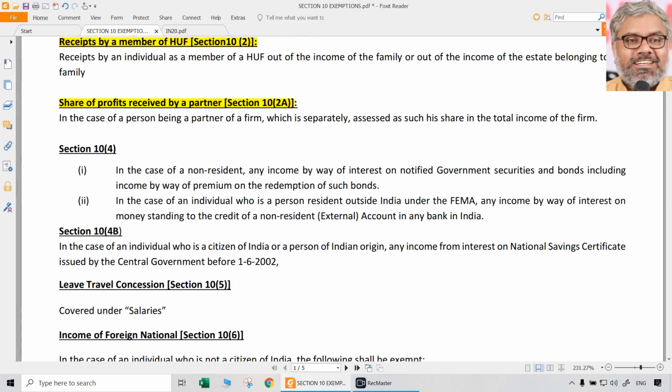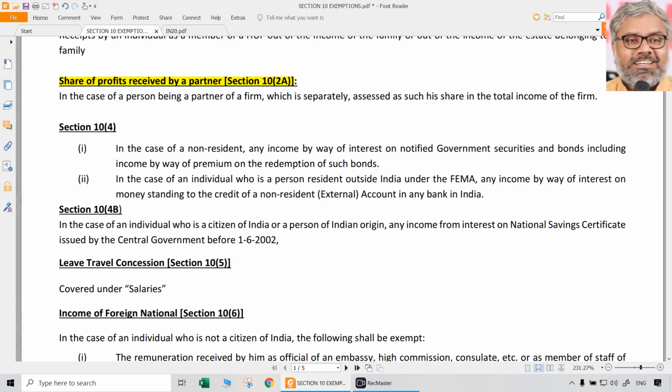Then 10.4 is about some special exemptions, particularly for non-residents. Those who are earning income by way of interest on any notified government securities and bonds, including income by way of premium on the redemption of such bonds, for them it is exempt.